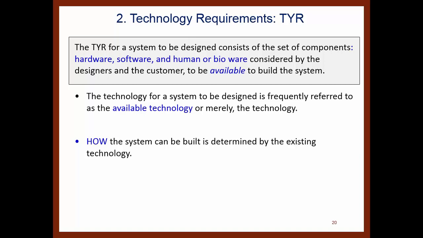How the system can be built is determined by the existing technology. So again, our system design might be limited by the existing technology, but part of the novelty of the system that you are proposing might need you to come up with something new.